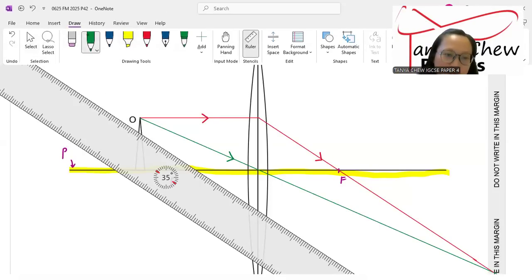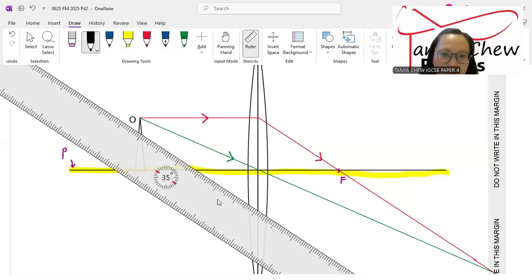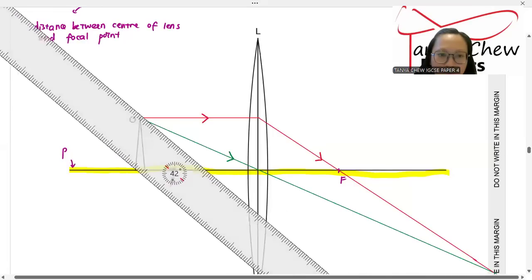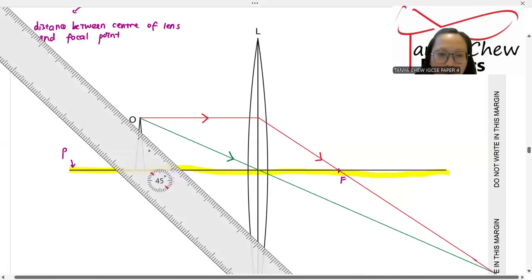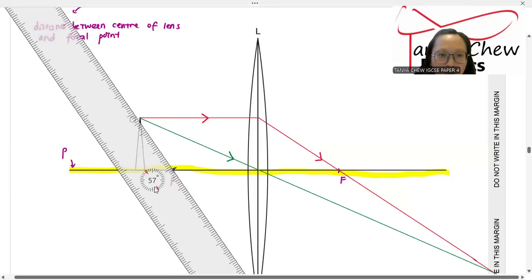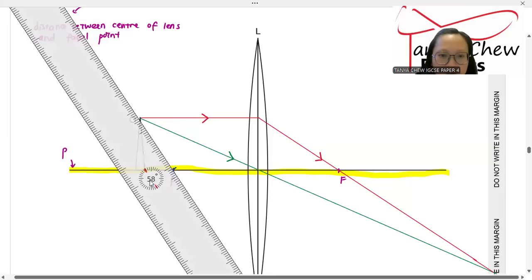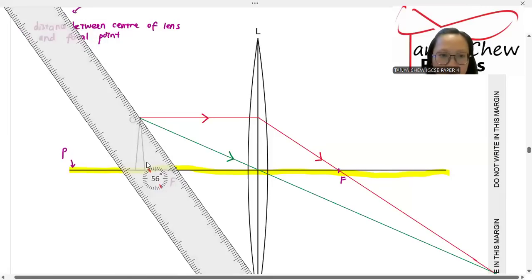The third ray, I am still going to draw it out. The third ray is any ray that passes through the focal point first, like this. Hard to draw, but still I'm going to draw it.